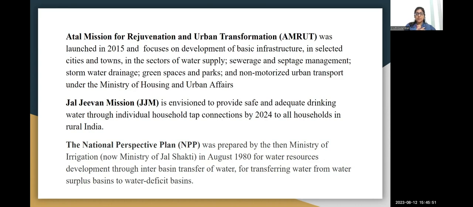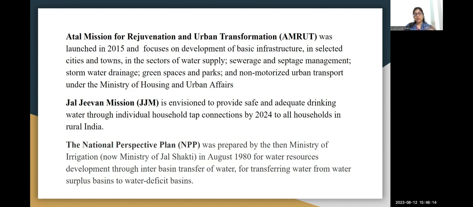This scheme was brought under the Ministry of Housing and Urban Affairs. So, like the 135 LPCD for urban and 55 LPCD for rural areas, it is also the Ministry of Housing and Urban Affairs that has the Amrut scheme under it.